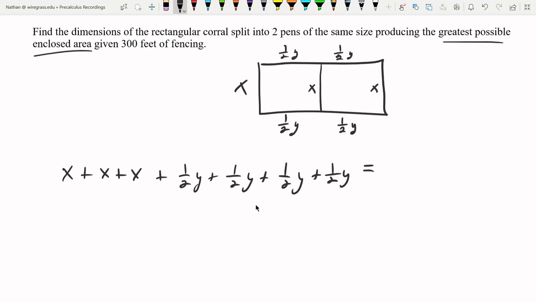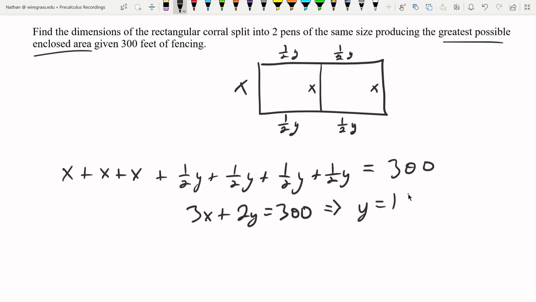And that perimeter of the entire shape is going to be equal to the fencing we have. Okay, that gives us 3x plus 2y equals 300. And I can solve this thing for y, giving me y equal to, I'm going to subtract 3x, divide by 2, and get 150 minus 3/2 x. This is just a linear function.